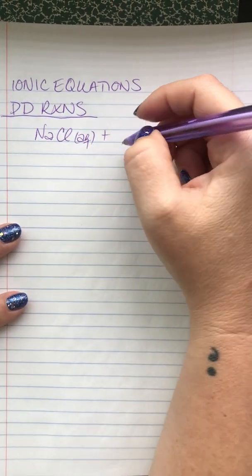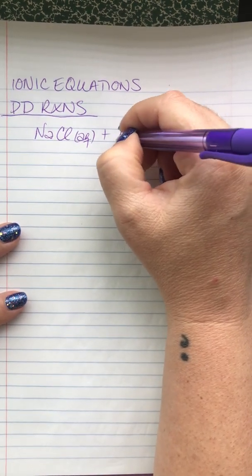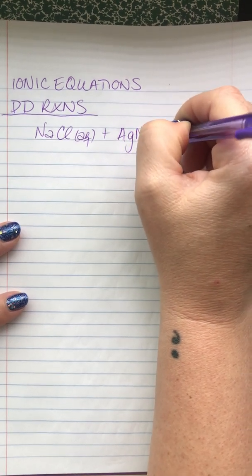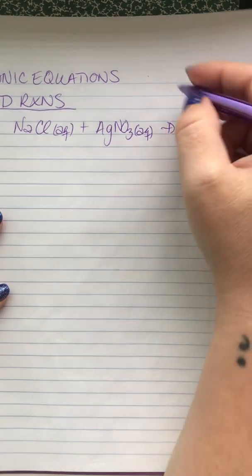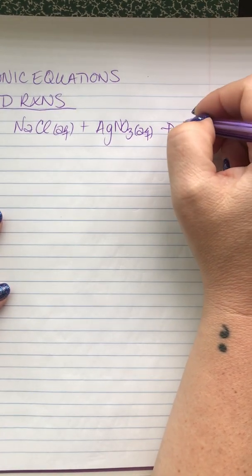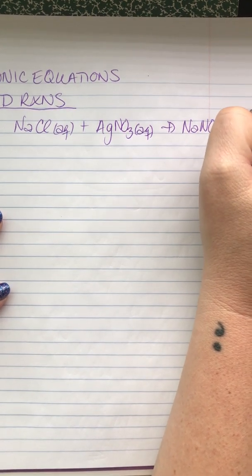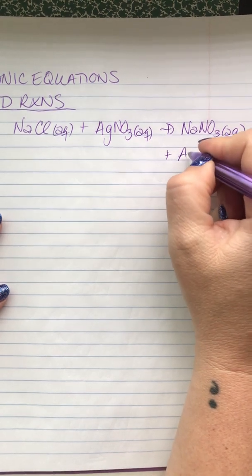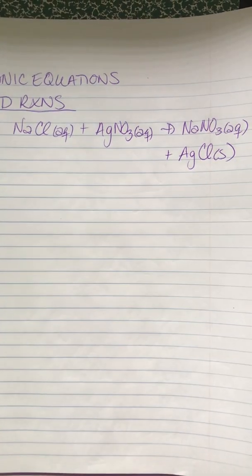So we have sodium chloride being reacted with silver nitrate, and we're forming sodium nitrate and silver chloride, which is a solid. Okay.